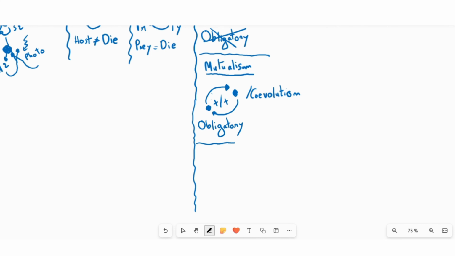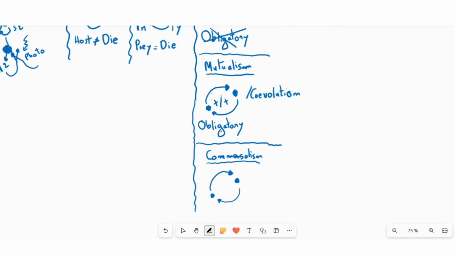Now let's look at commensalism. Commensalism is basically when one organism is producing a substance that helps this one for its main or secondary metabolites, and this one is not having any influence, it's not producing anything that's beneficial for it.